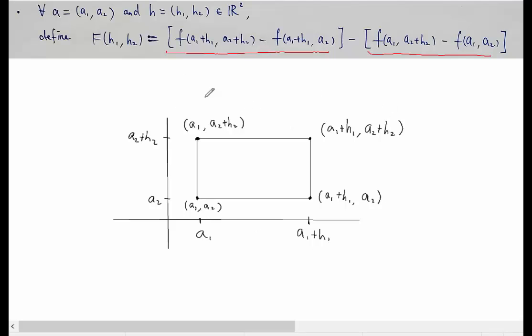Now for simplicity, I am drawing this diagram in the case when h1 and h2 are assumed to be positive. Now if you look at the first difference, this is given by f of this point minus f of this point. And if you are considering the second difference, this is given by f of this point minus f of this point.